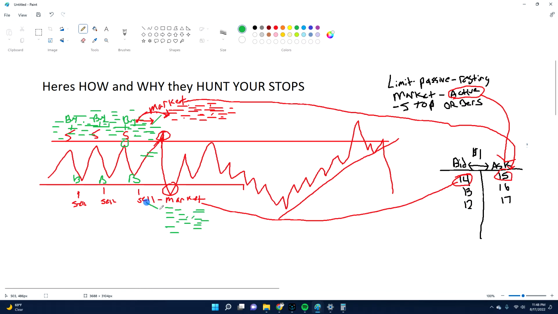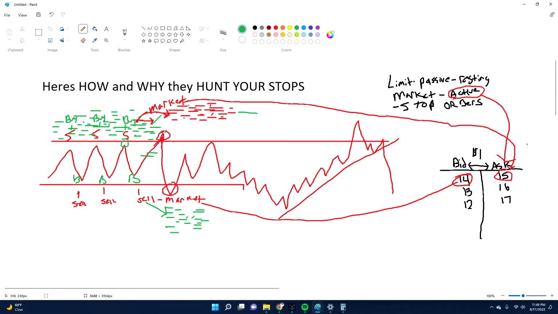Okay? And you're going to have to come down and transact with them. So what just happened? They tricked you out of your position up here when they hit your stop. They sold at the highest possible price because you had no choice but to pay it because you were terrified and you had to get out.